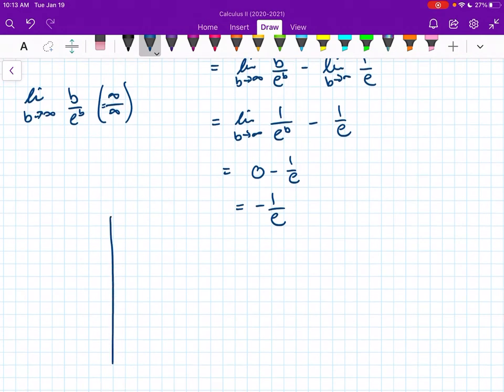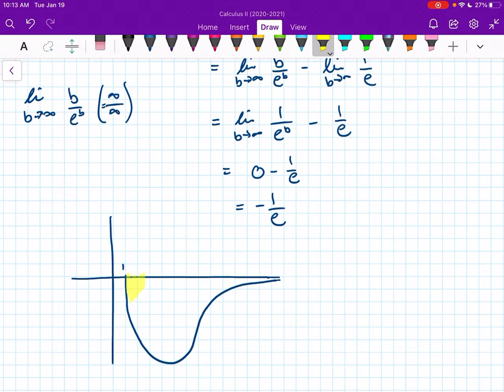this graph is kind of funky. So the graph starts at 1 here, comes down, swoops, and then gets really, really close. It's getting close enough to the x-axis that this area is approaching a value, negative 1 over e.